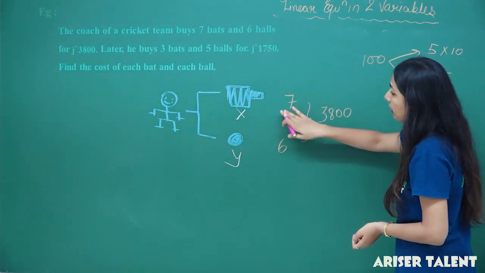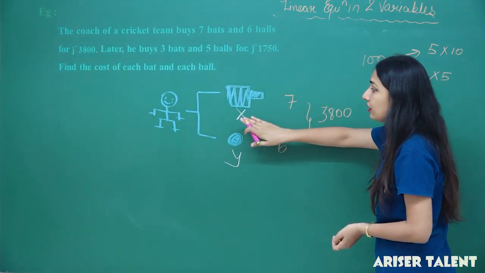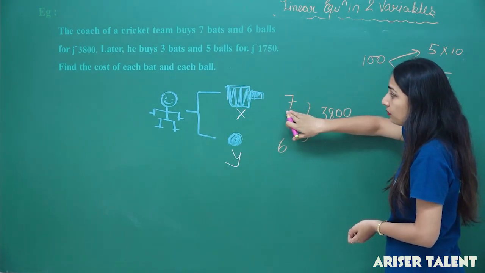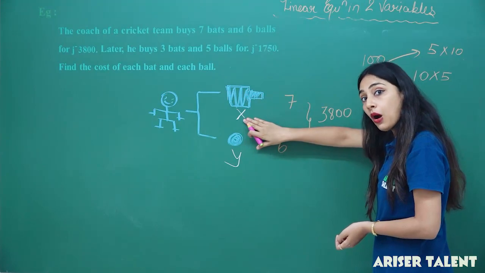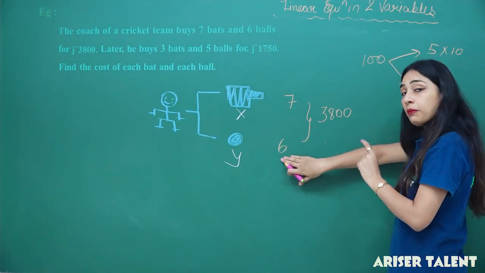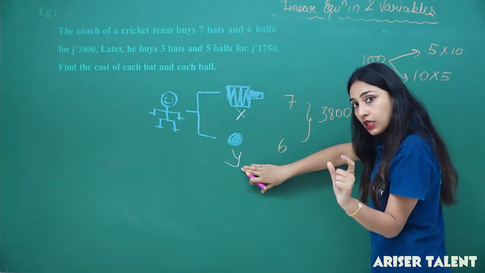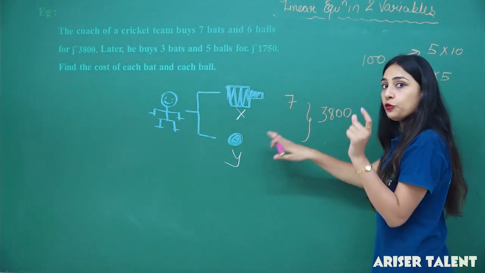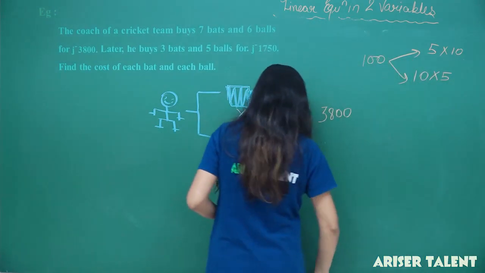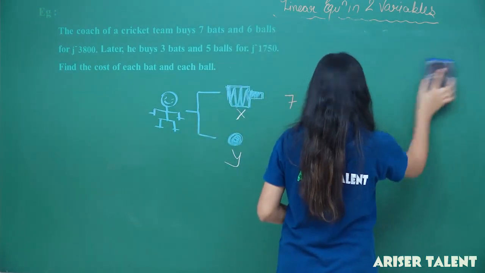Now the numbers multiplied by the amount of each bat, plus the number multiplied by the amount of each ball, must be added. So I am going to do the same here.